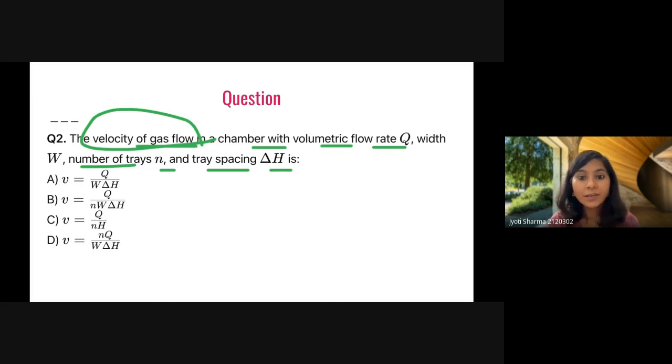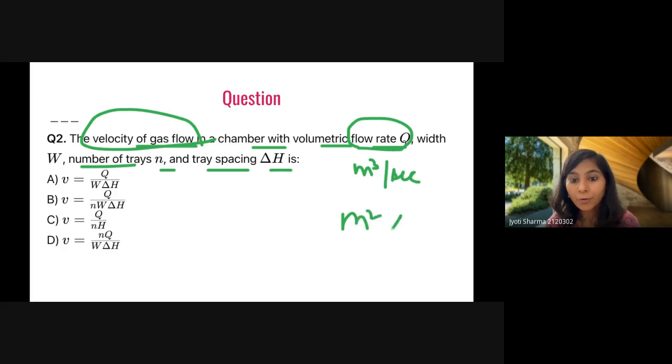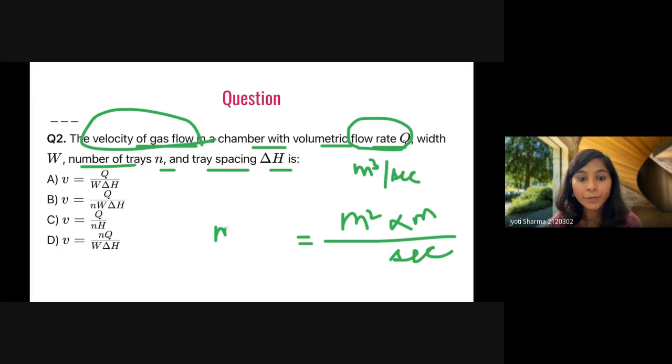If we are talking about the flow rate, the unit of flow rate is meter cube per second. Meter cube per second means meter square times meter per second, and meter per second is velocity.